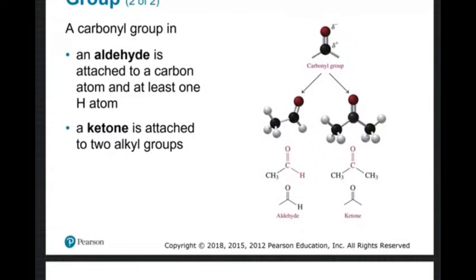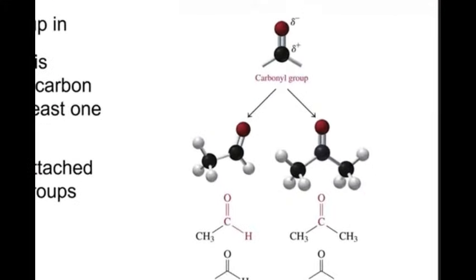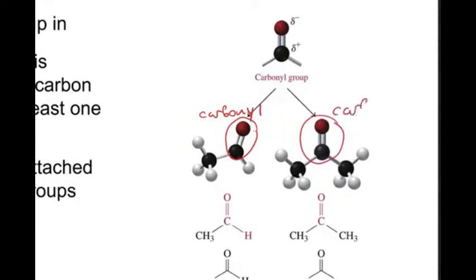So now listen, this is a carbonyl group, and this is a carbonyl group. If the carbon in the carbonyl group is attached to a carbon on one side and to a hydrogen on the other, this is an aldehyde.